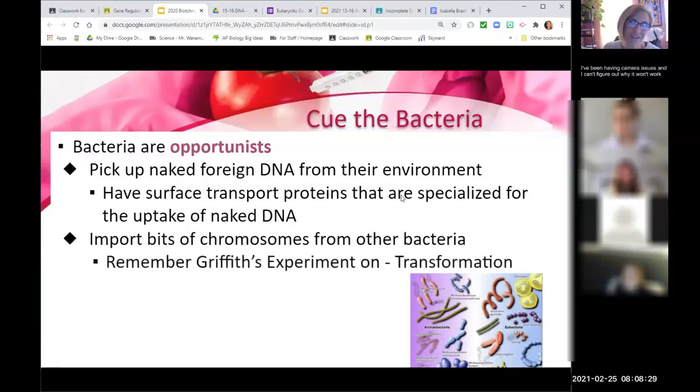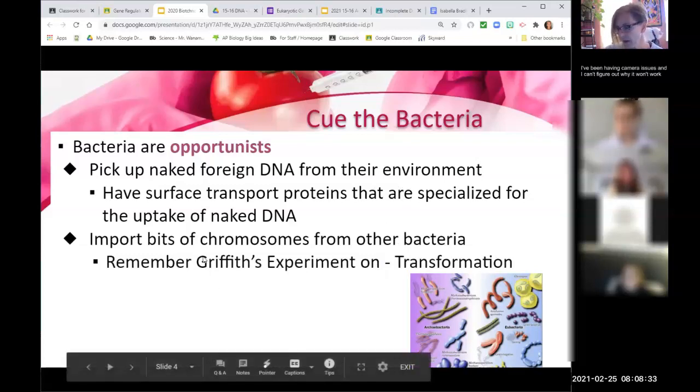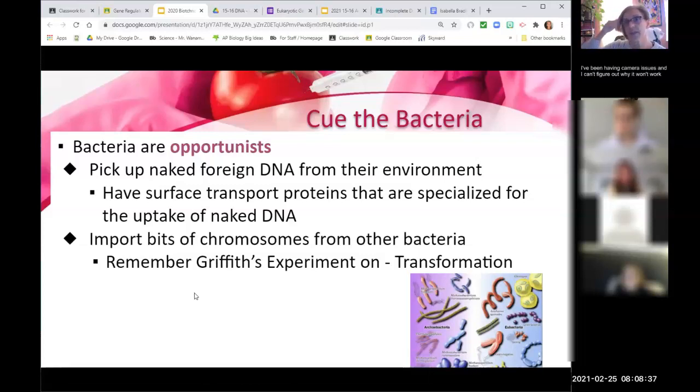So we know that we can do this because we saw it happen in Griffith, right? Remember the experiment, he was trying to find the vaccine for pneumonia, and he worked with the R and S strain bacteria, and he found that the R strain, which was not virulent, was transformed into the S strain, which was. So that's where we got the idea that we can actually change the genome of an organism in order to change their phenotype.